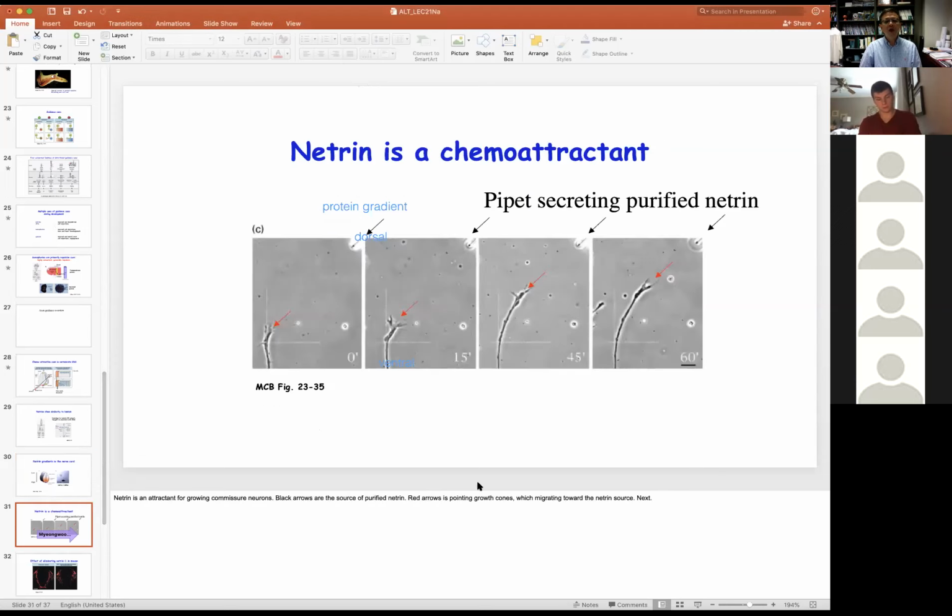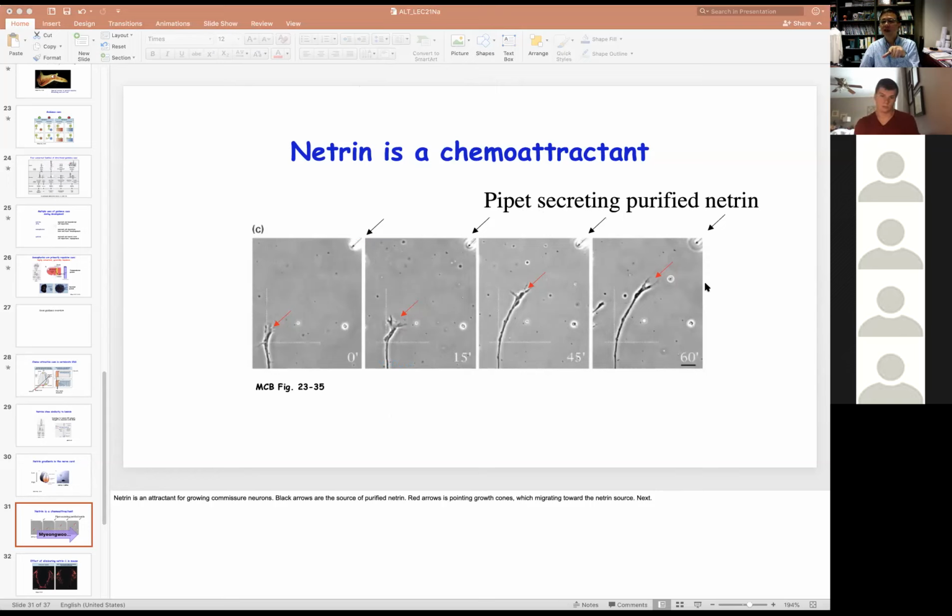Okay. So netrin really has chemoattractant ability, and this is showing the time course experiment. As you can see, this is a netrin attracting a neuron nerve end, at 0, 15 minutes, 45 minutes, and then 60 minutes. The black arrow is the pipette tip that's secreting purified netrin.